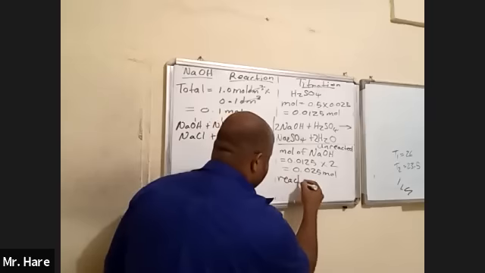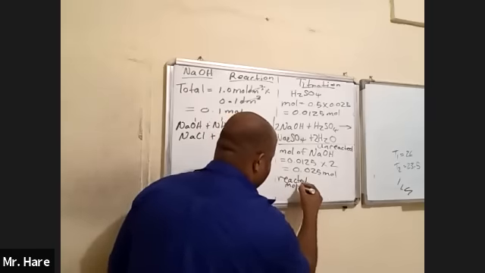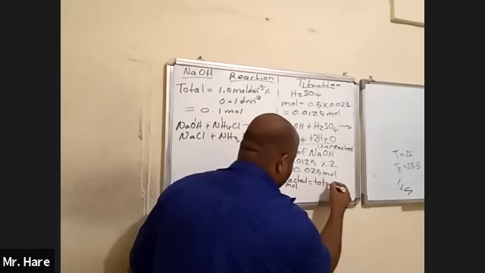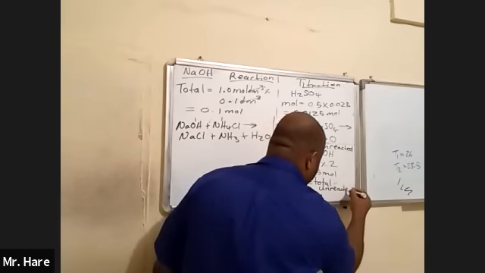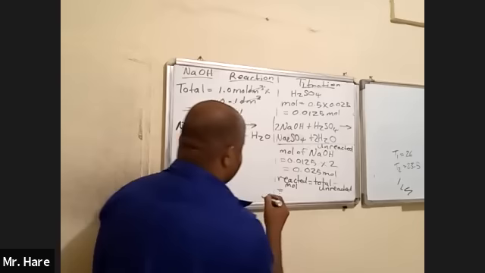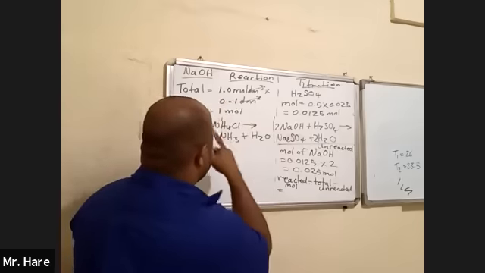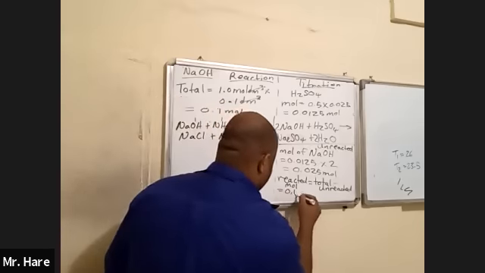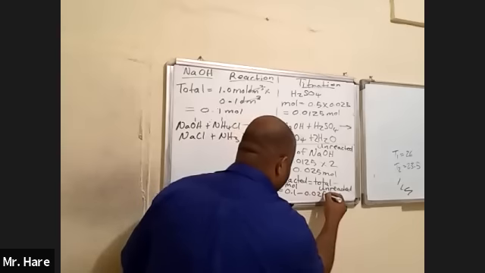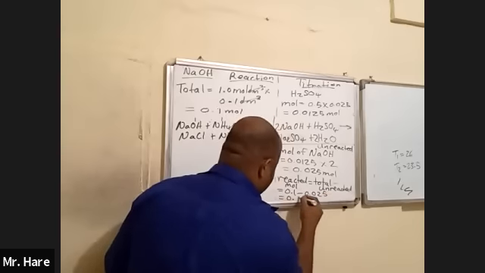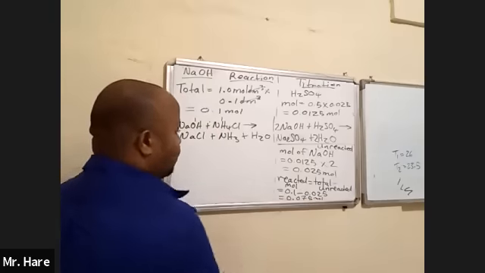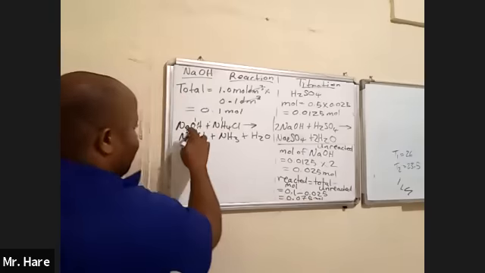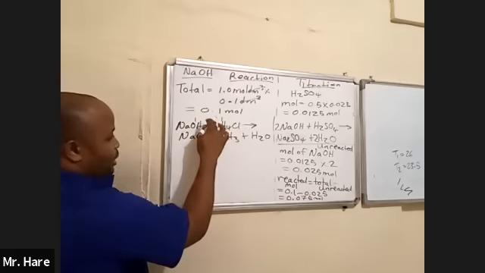So reacted mole is equal to total minus unreacted, which is 0.1 minus 0.025, and you're supposed to get 0.075 moles. So 0.075 moles of sodium hydroxide reacted with ammonium chloride.